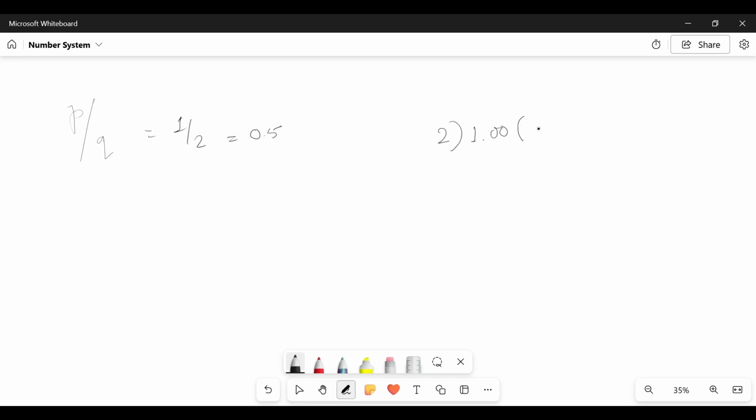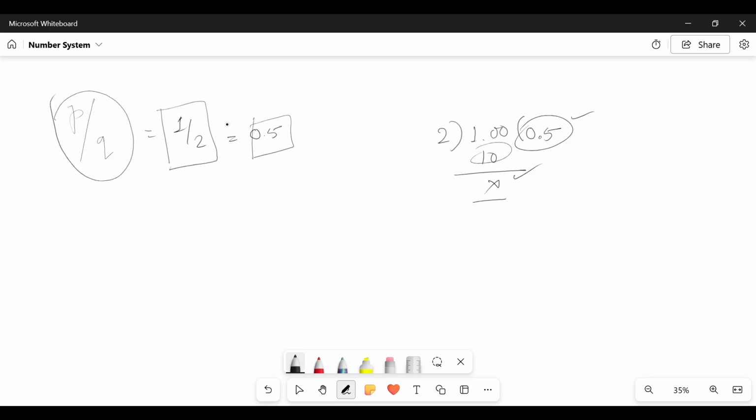1 by 2, what ends up happening is we have to take a decimal to make it 10, and then when we multiply 2 by 5, we have 10 and the remainder is 0, so obviously the quotient is 0.5. So any number which is rational mentioned in a format of p by q can also be depicted in a decimal format.